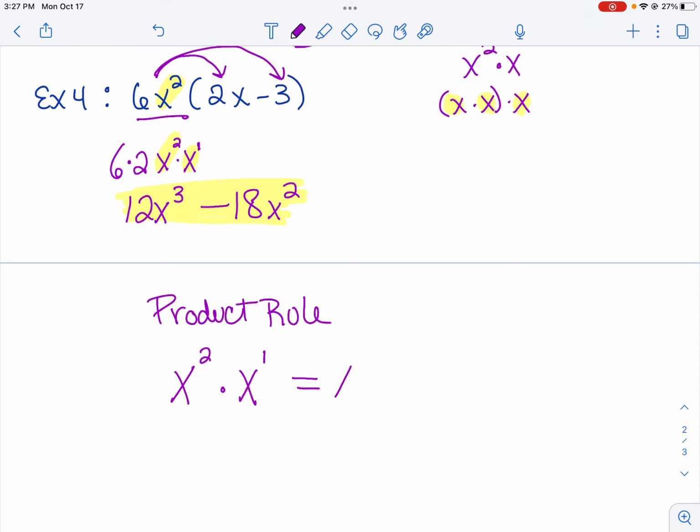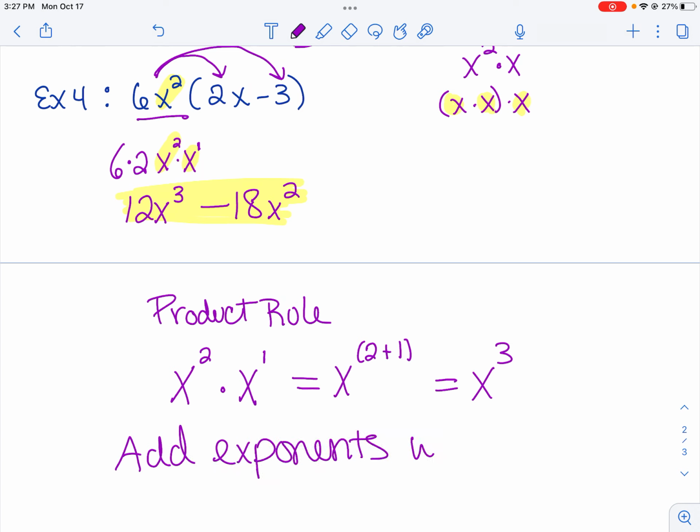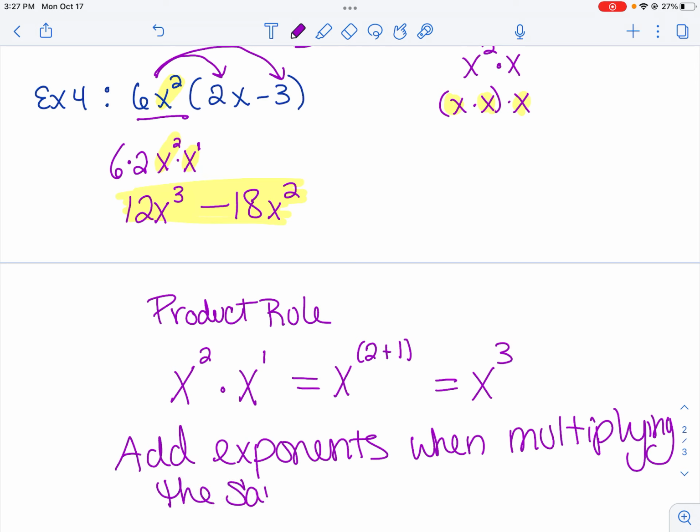So x squared times x, well, that is x to the 2 plus 1, or x to the 3rd power, right? So we add our exponents when multiplying the same variables together. And those variables are often called a base. So x is the base here. You have to have the same base in order for you to be able to add those exponents.